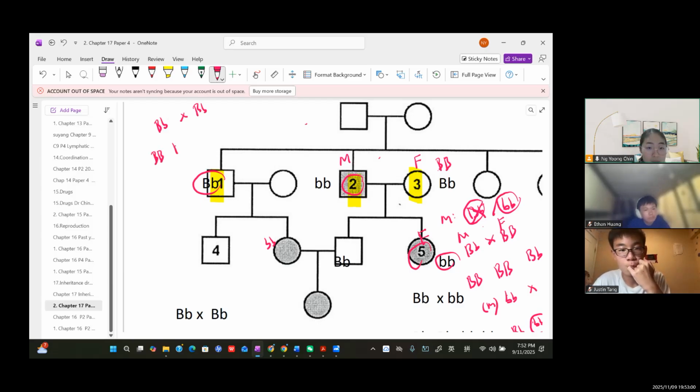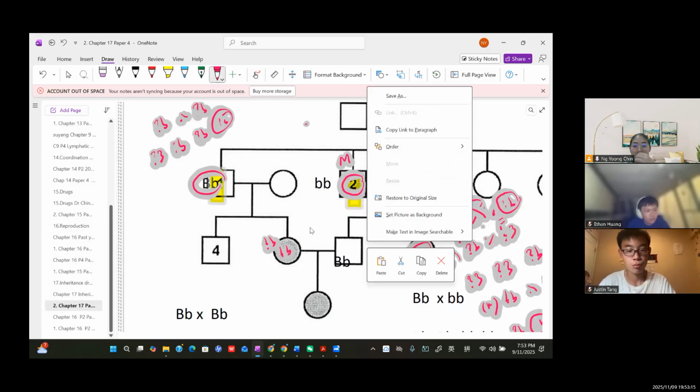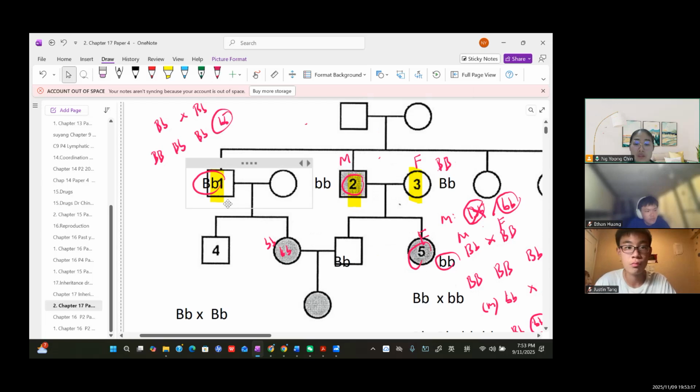Okay, Bb, and then Bb again, which is one big B, one small b, and then you become two small b. So these two small b, they will become like this here. So that's why the answer is, oh sorry, one big B, one small b.